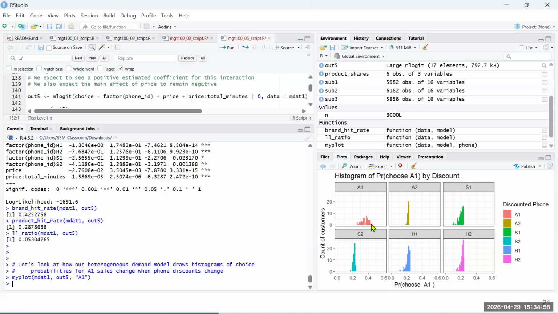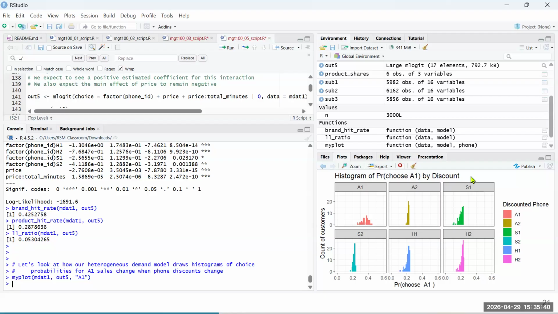And so what that suggests is that this distribution of choice probability, of how the prediction of someone buying Apple's small phone responds to a discount on Apple's small phone, the higher minutes people are probably going to be up here on the right-hand side, the lower minutes people are going to be on the left-hand side. Now, some of the other phone distributions show more of a single-sided distribution in choice probability.